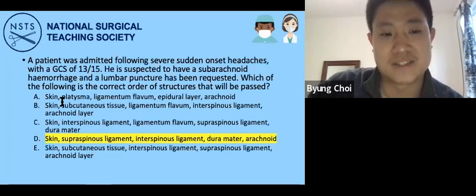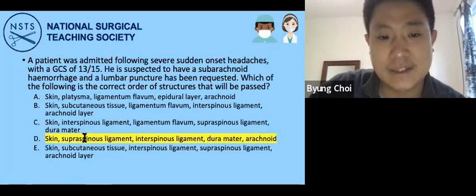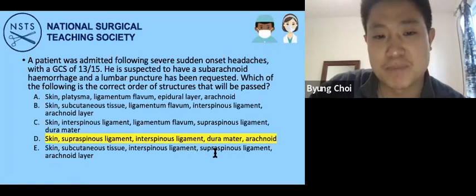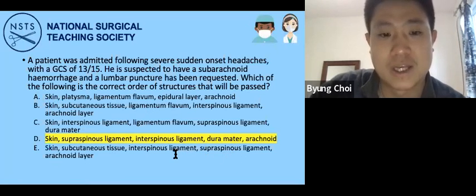Clearly, the platysma is nowhere near the back, and it's part of that thin muscle sheet in your neck. And then you've got B, C, D, and E. B and E, when you look at them, well, we start with E. Supraspinous ligament, like I said, comes first out of all 3 ligaments.